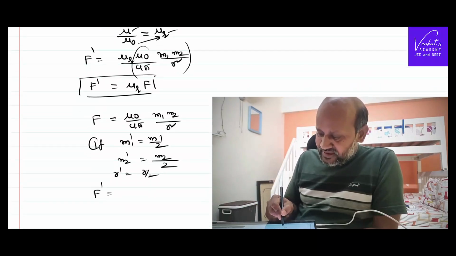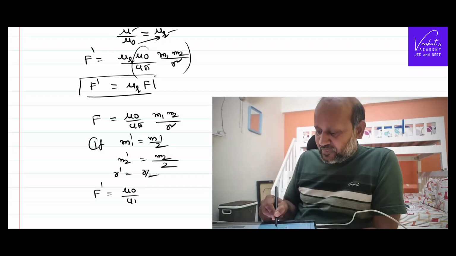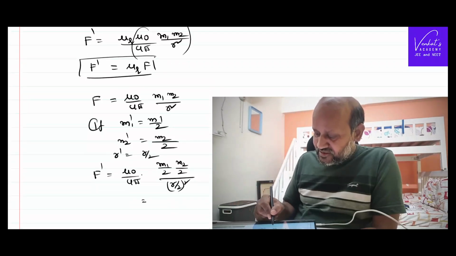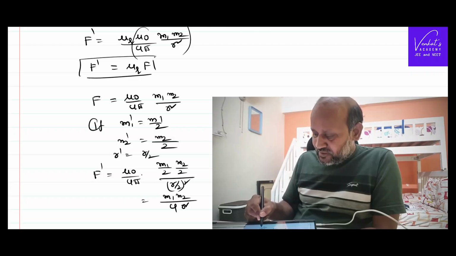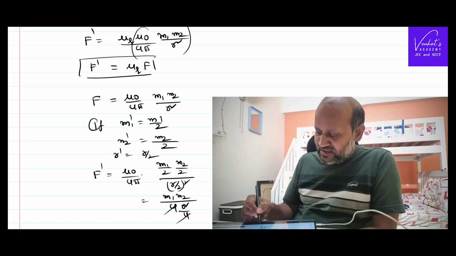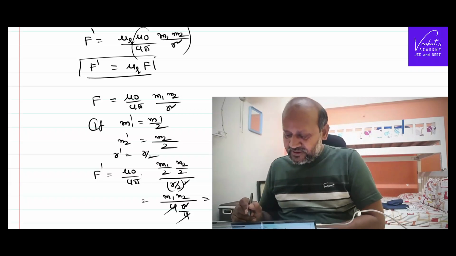I can write mu naught by 4 pi is not affected in any way. In the place of m1, m1 by 2, in the place of m2, m2 by 2, in the place of r, r by 2 whole square. So that is m1 m2 by 4 r square by, this is also a 4. This 4 gets cancelled. So the value remains the same itself.